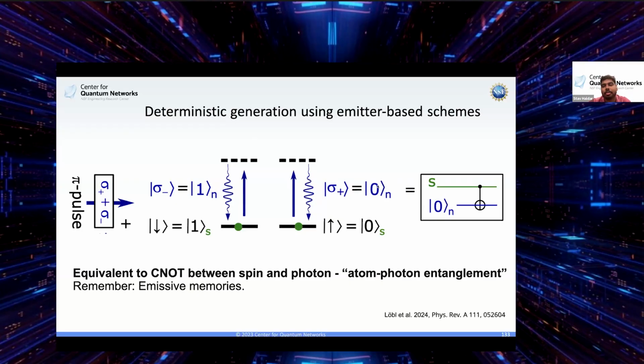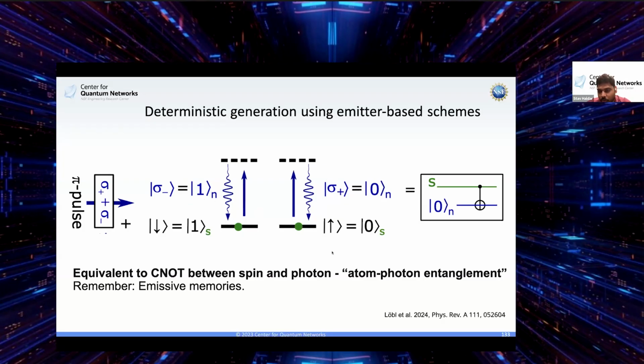So then you can call it the zero state of the new photon or the one state of the new photon. And the spin also will be either in the left state or in the right state, zero or one, but there will be a correlation. So if it decayed to the right state, then the output photon will be right circularly polarized. Whereas if the atom went to the one state, then the output photon would be left circularly polarized.